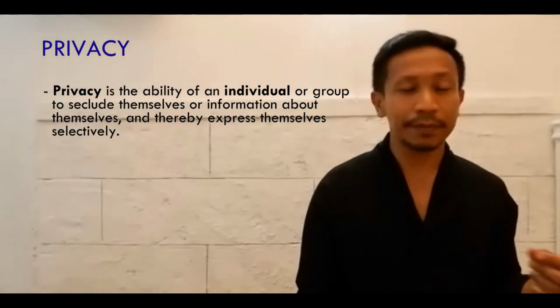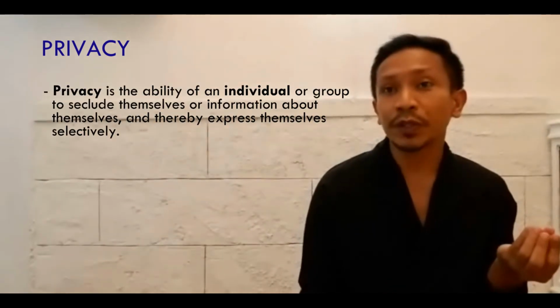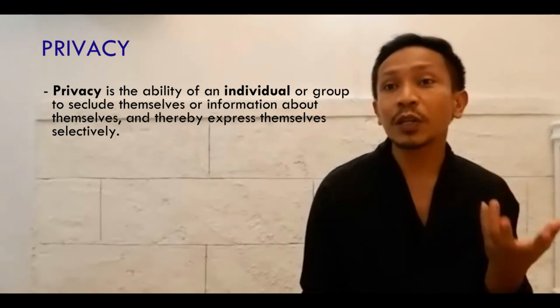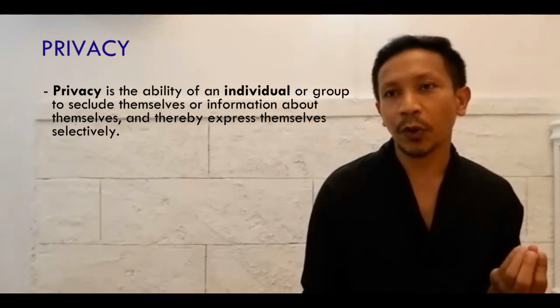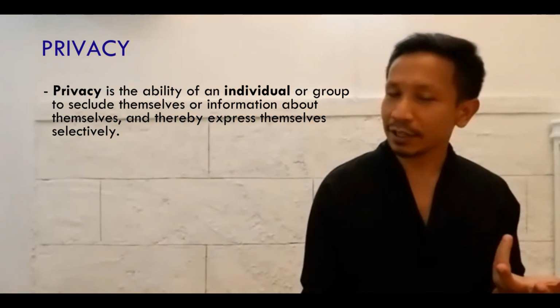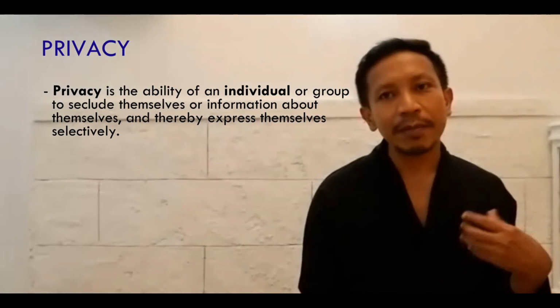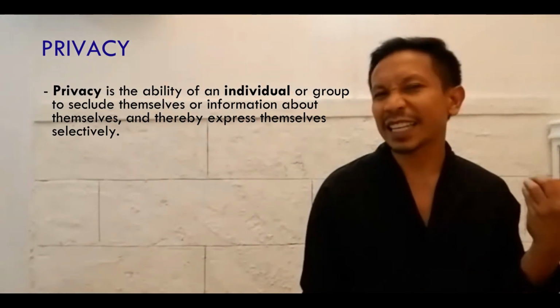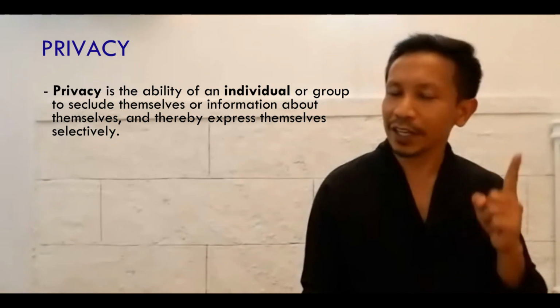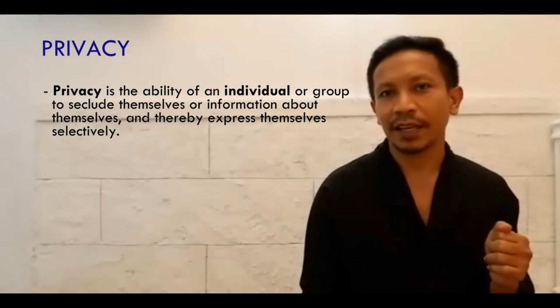Now, we're going to talk about privacy. Privacy is the ability of an individual or group to seclude themselves or information about themselves and thereby express themselves selectively. I think you need to know this one.